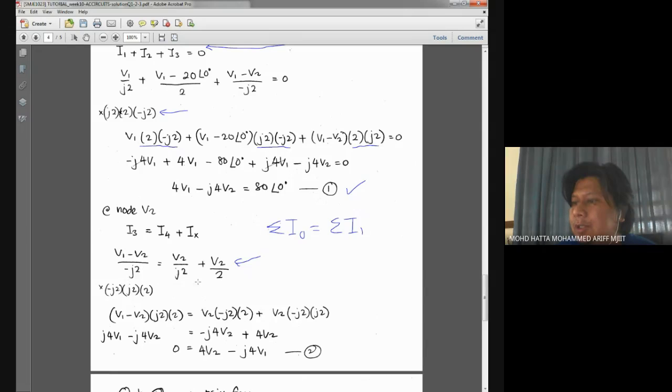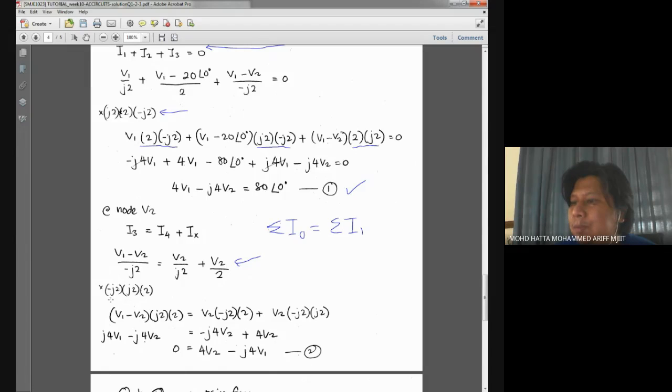This is considered a complex number. My strategy is to eliminate this denominator part, and the way I eliminate these denominator terms is by multiplying both sides with the terms here.